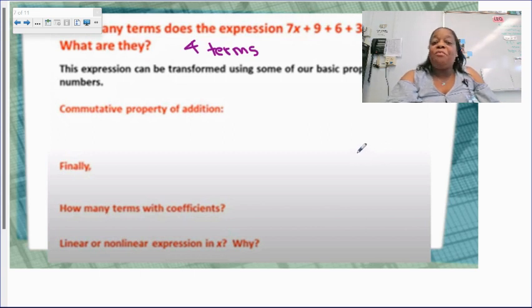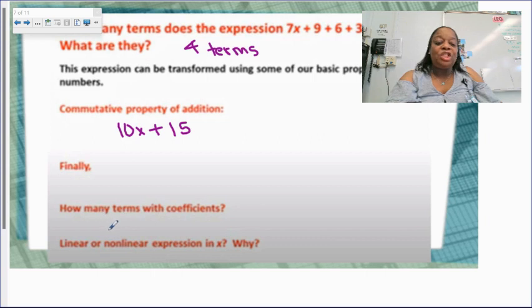Now we can use the commutative property of addition to kind of reduce that down, which would mean to combine like terms. So I have 7x plus 3x. That's going to give me 10x. And then our addition sign, and then 9 plus 6 would give me 15. Now I'm down to just two terms.